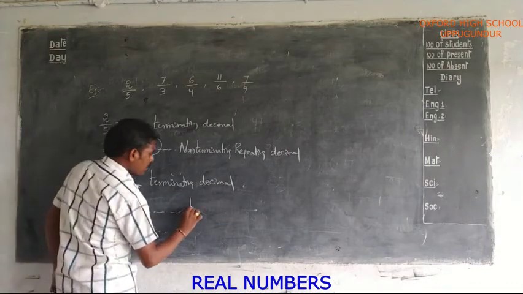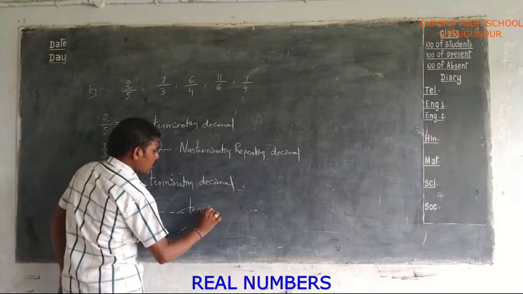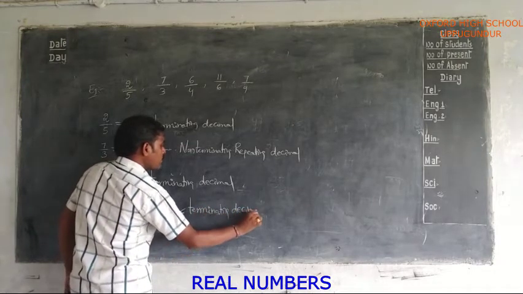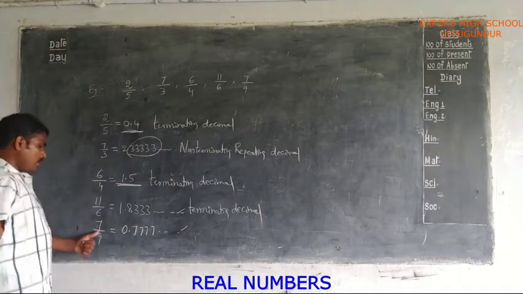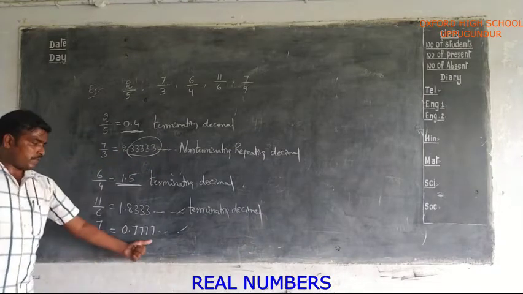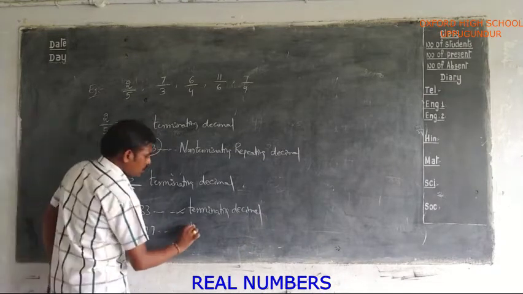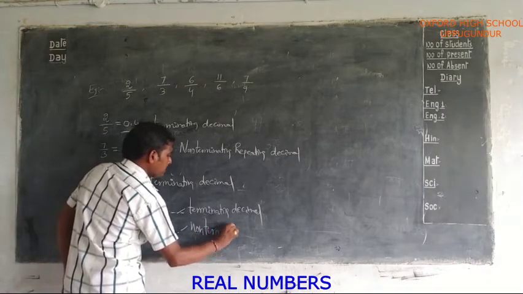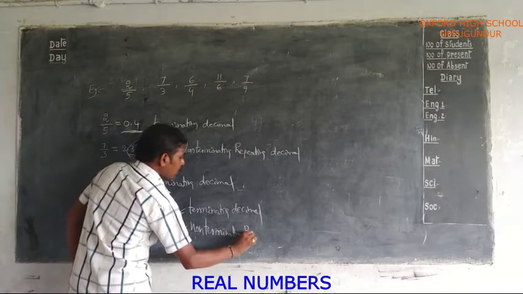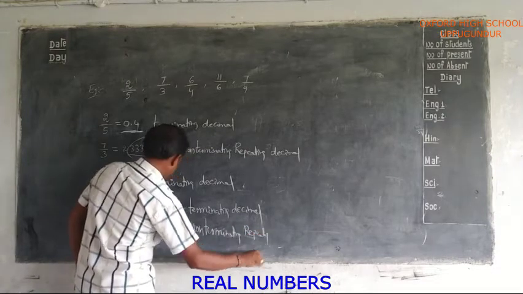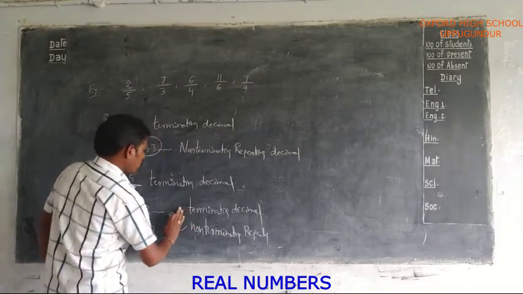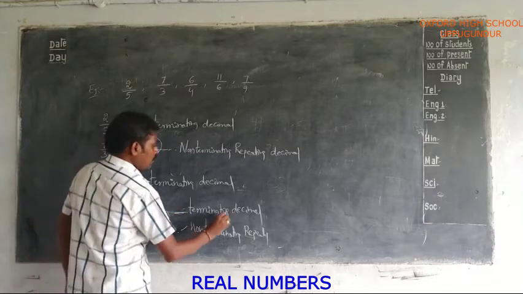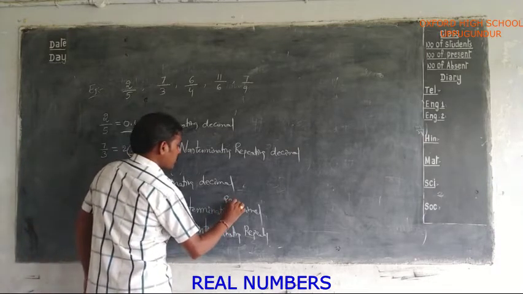It is a non-terminating repeating decimal. 7 by 9 equals 0.777 and so on. It is non-terminating repeating decimal.